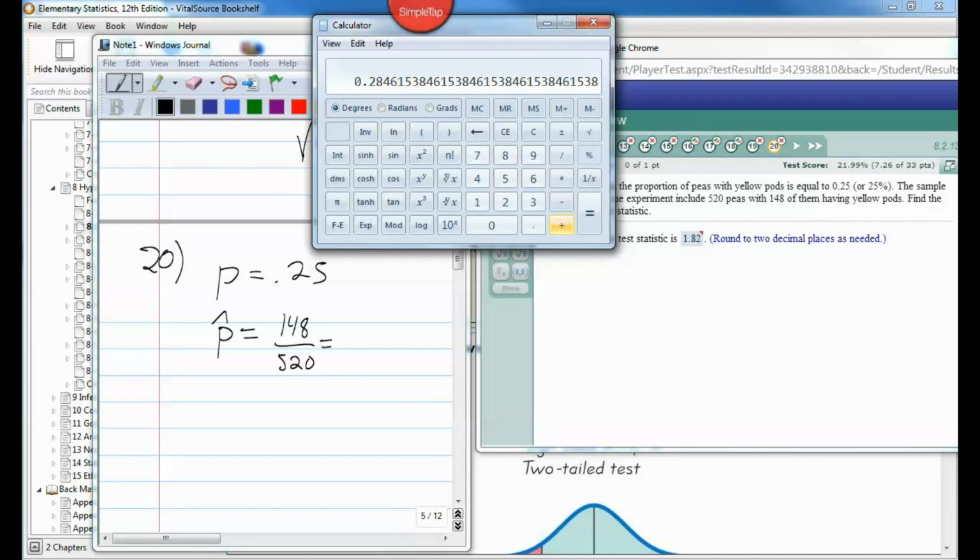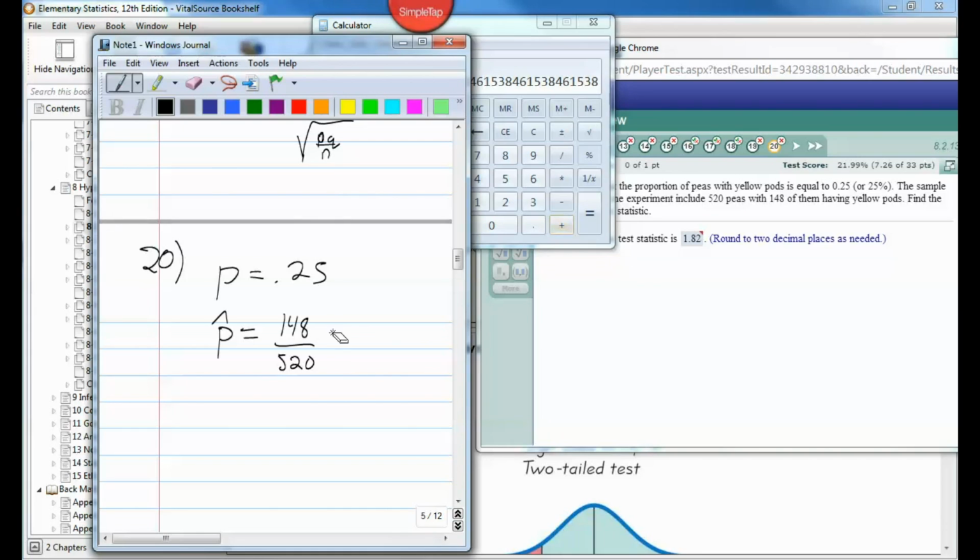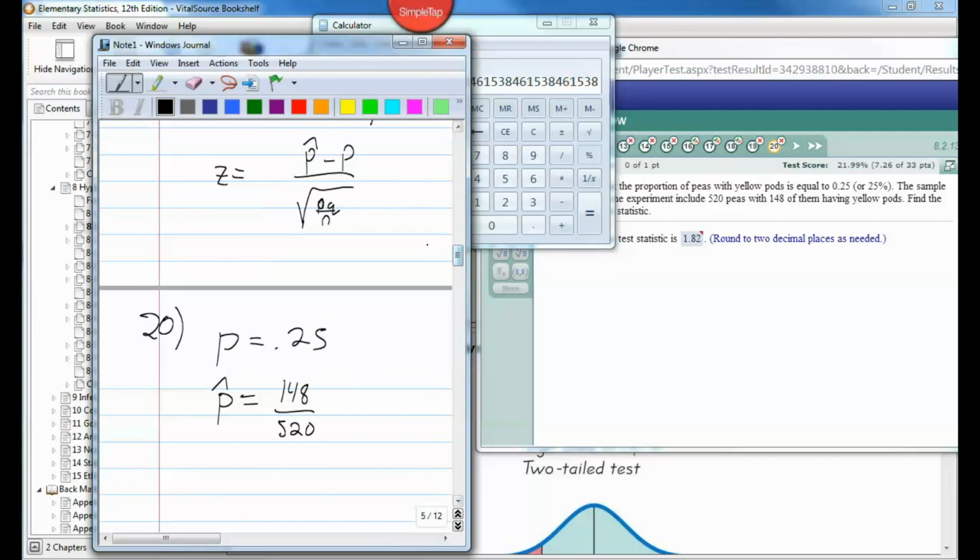So I would keep that as close to that as possible. I'm actually not even going to write down a decimal. I'm going to just type that in when I need it. Remember in the denominator of our test statistic, we have P times Q divided by N. N, remember, is the total number.